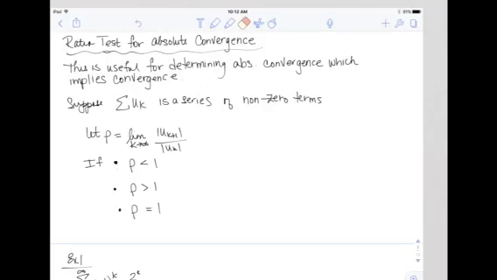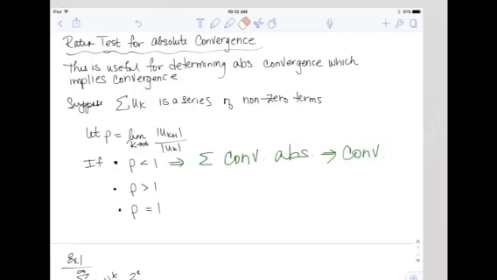We will let rho equal the limit as k approaches infinity of the absolute value of u sub k plus 1 over the absolute value of u sub k. And it's really saying the same thing as our previous ratio test. If rho is less than 1, that means the series converges absolutely, which means it converges, even without the absolute value bars.